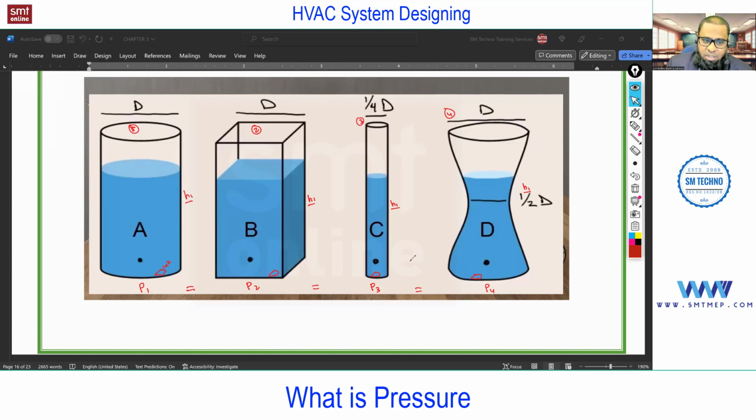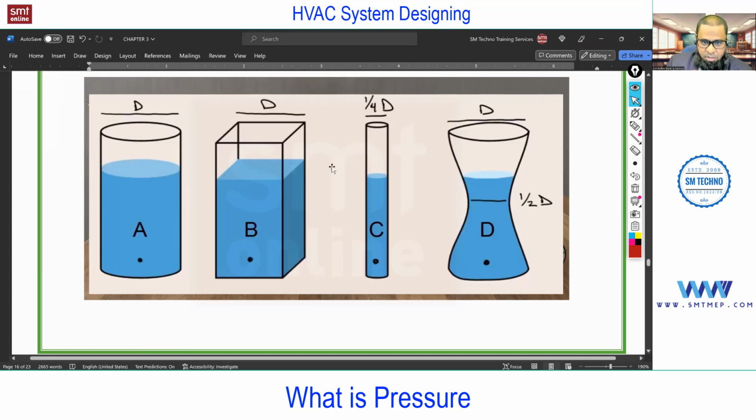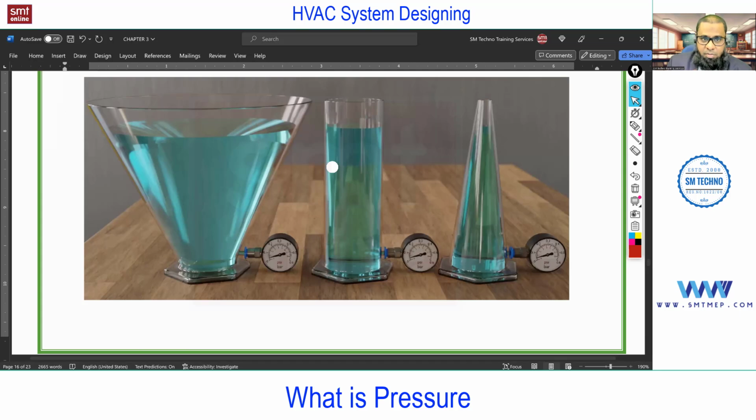And here one more point, the density of this liquid is the same, because I'm using water in all the containers. Getting the point online? Remember, this is very, very important. And I'll prove this quickly. Let me delete this image. Now you see in this image, this is an experiment. You can see the height of this liquid column, this one, and this one is the same, but the shape of the vessel is different.